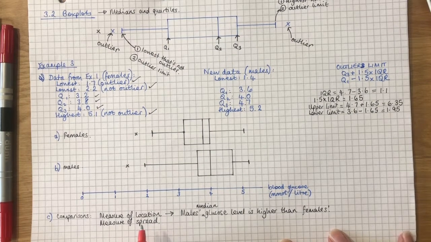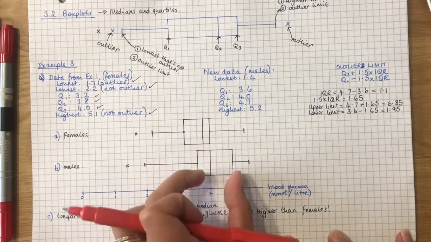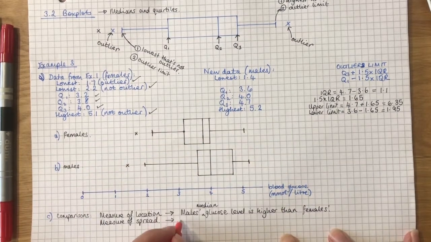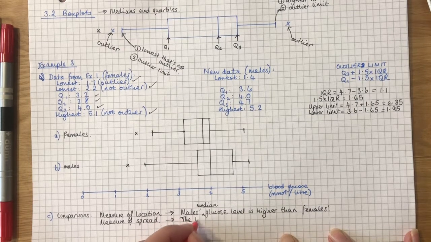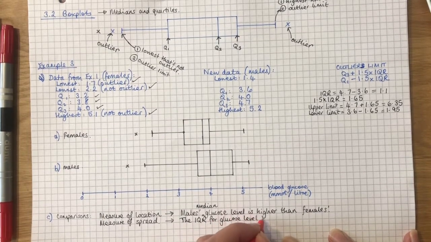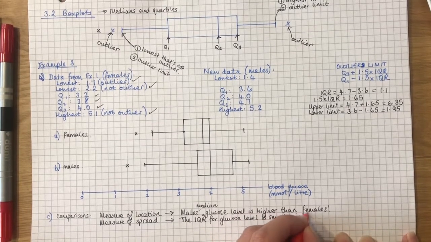But then for a measure of spread, we can see that they also have a greater interquartile range because the width of this box is bigger than the width of that box. So we could say something like the interquartile range for glucose level is smaller in females.